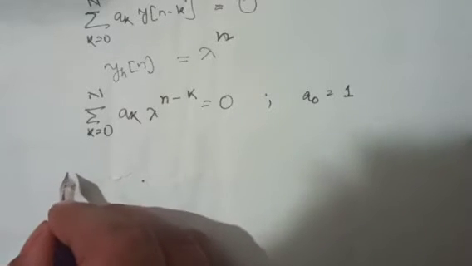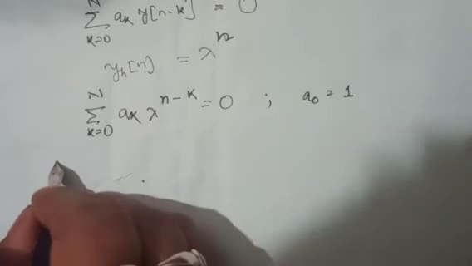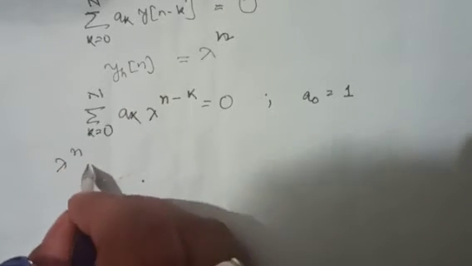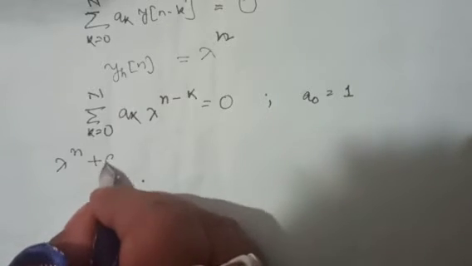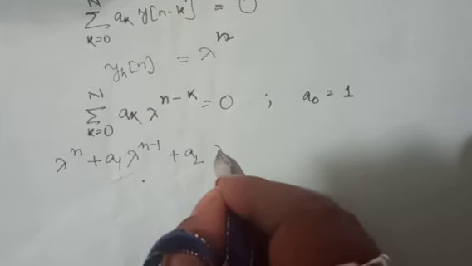For k equal to 0 it is lambda to the power n, plus a1 lambda to the power n minus 1, plus a2 lambda to the power n minus 2, plus a3 lambda to the power n minus 3, and so on.